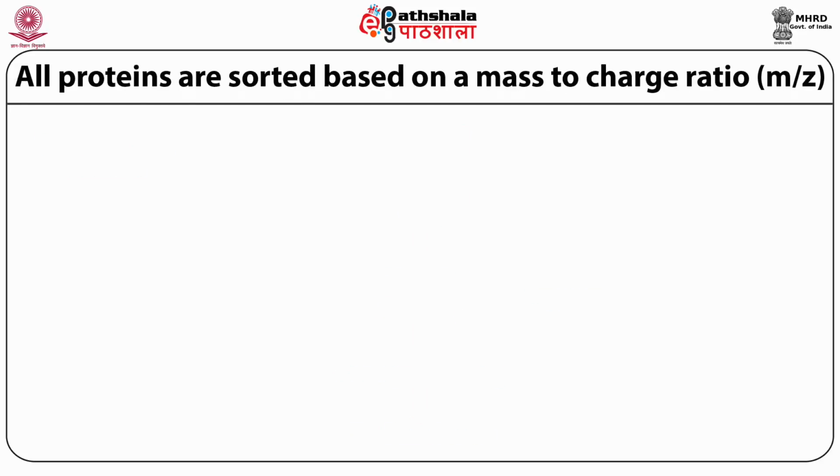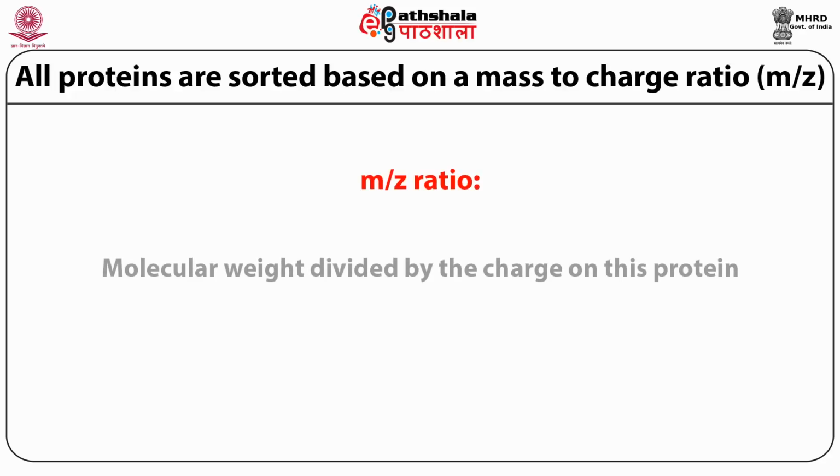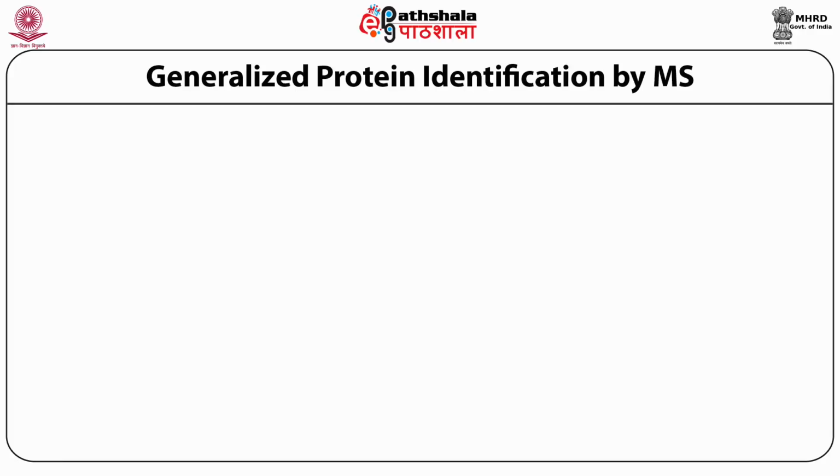It means you will require mass spectrometry also for identification of proteins, and these proteins are sorted on the basis of mass-to-charge ratio for mass spectrometry. That is the m/z ratio, where m is the molecular weight divided by the charge on the protein. This figure shows the generalized protein identification by mass spectrometry.